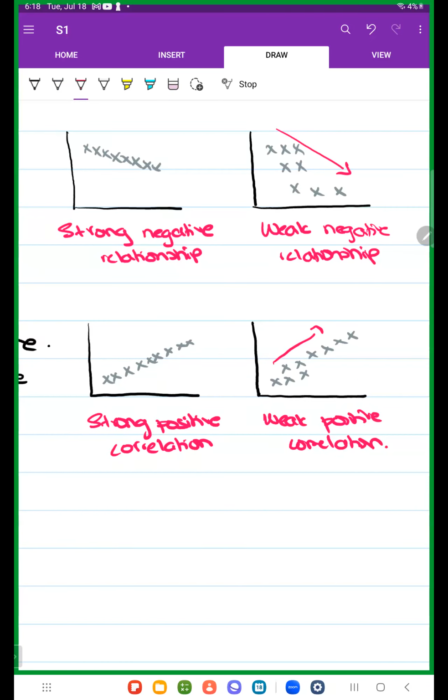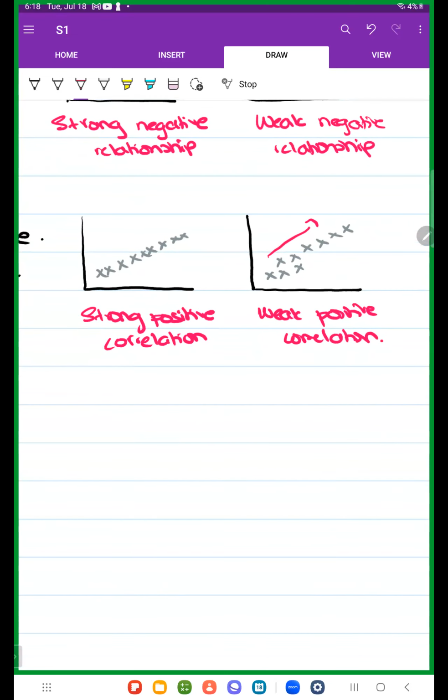One last type is this. What kind of relationship do you think this is? There's no relationship.